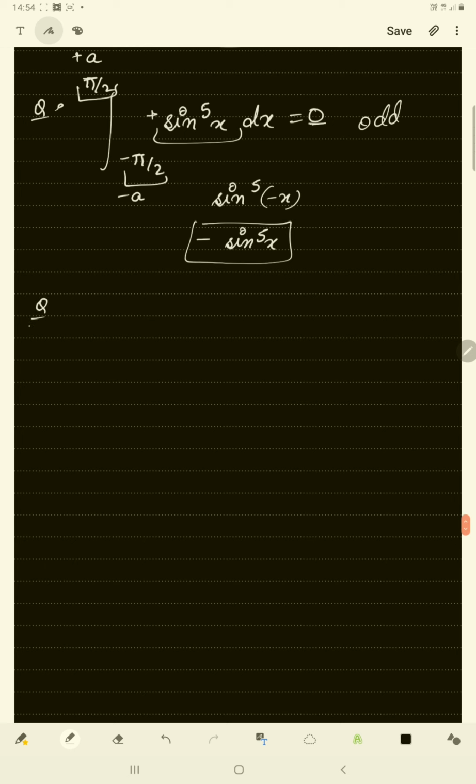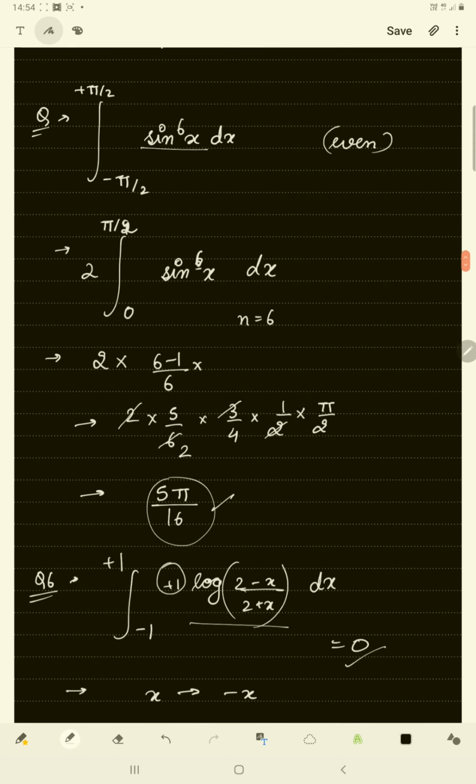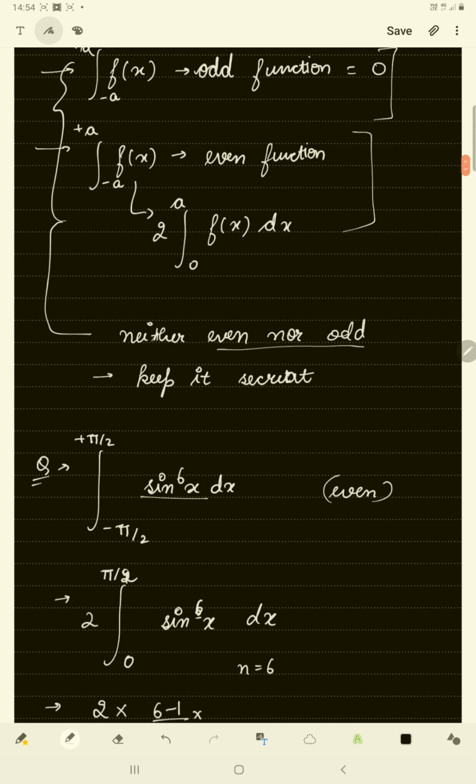Let's do another question. So we have minus pi by 2 to plus pi by 2 sine of 5x plus cos of 5x dx. Now if we see here, we actually know that this is neither an odd function nor an even function, but no need to apply this, because we have not discussed when the function is neither even nor odd.